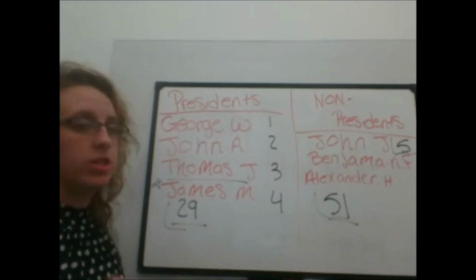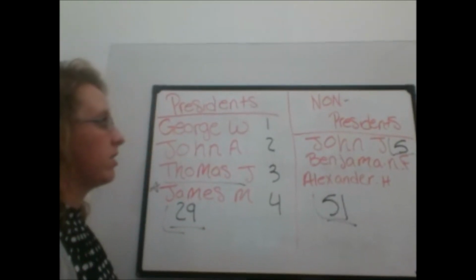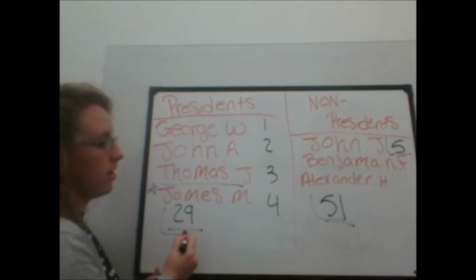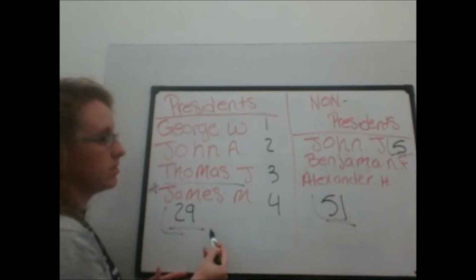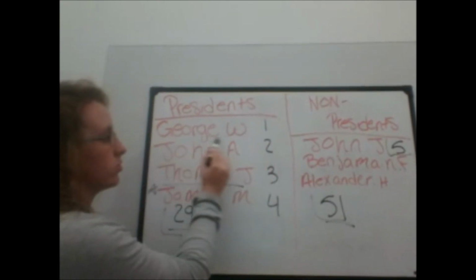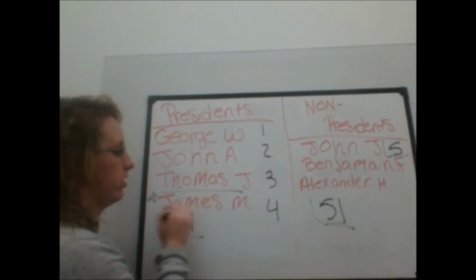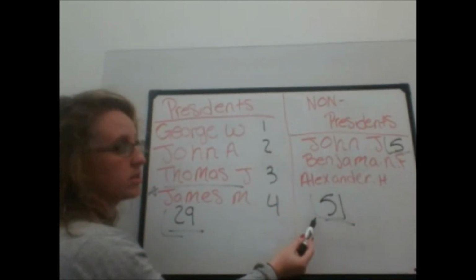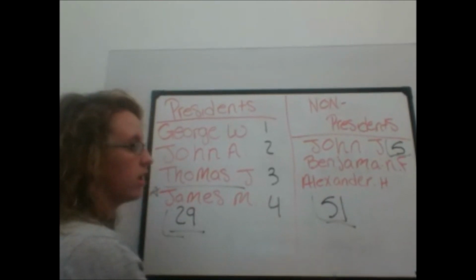Now, that's just a little recap of what this video went over. But the big points are that you need to remember these were all the presidents of the 7 founding fathers. These were the only presidents in order: George Washington first, John Adams second, Thomas Jefferson third, James Madison fourth, and then the non-presidents were John Jay, Ben Franklin, and Alexander Hamilton.